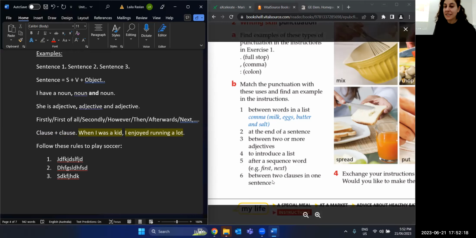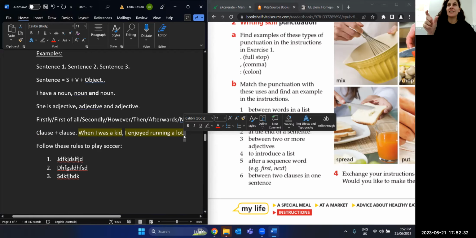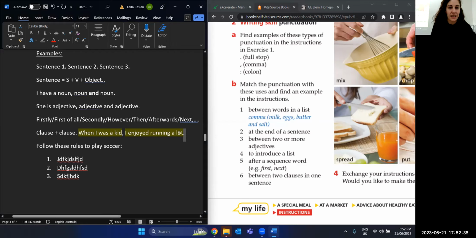Okay, so number 6, comma. There's the comma, between two clauses in one sentence. We can see the full stop. We know that every sentence ends with a full stop. That's one sentence. So two clauses in one sentence, we need a comma.